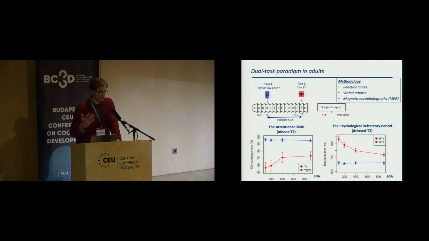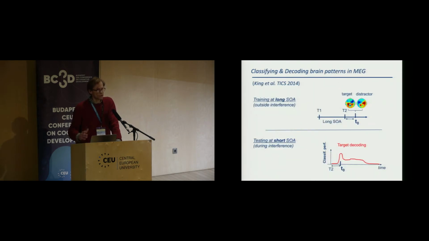So it's just that T2 is processed with a larger delay for short SOA. I think he was among the first to show these two phenomena in the same experiment, which suggested that they might refer to the same mechanism that we call the central bottleneck, that I will detail a little bit later.